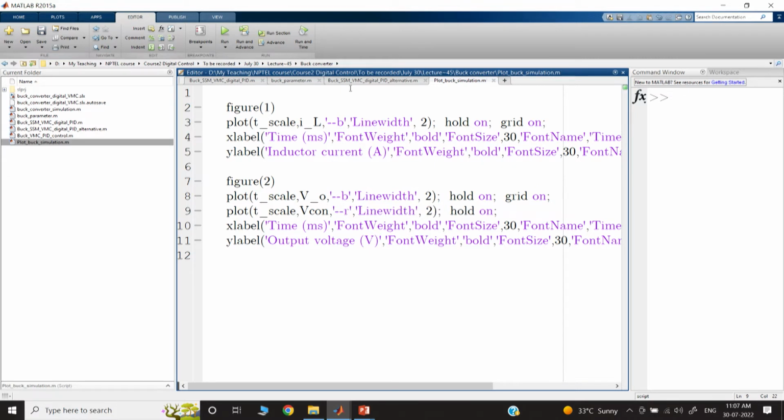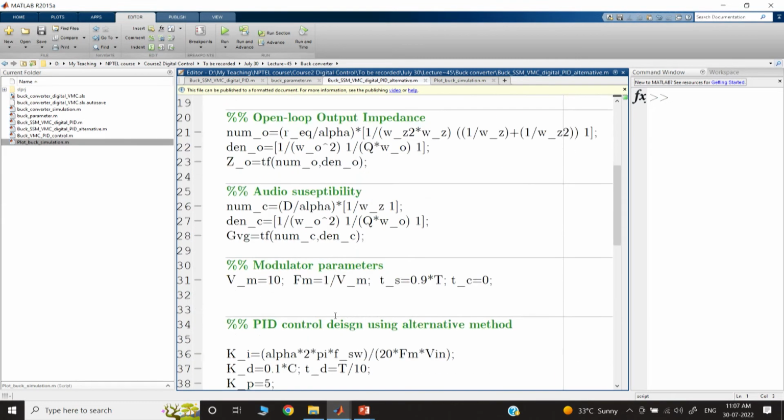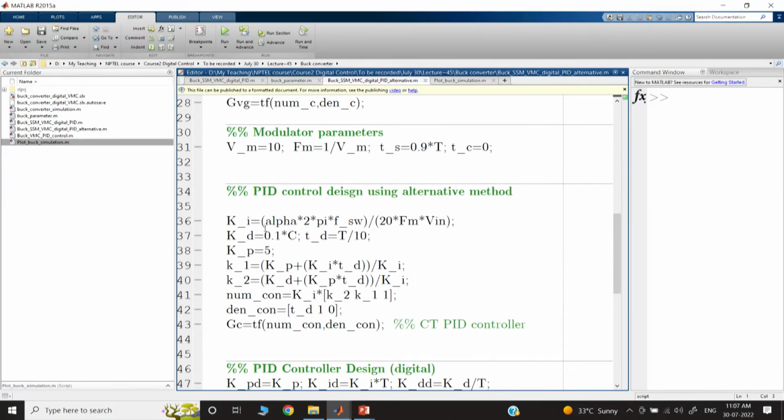So, in the alternative method, we have considered Ki to be 20 times, that we have discussed. Kd we can take 0.2, no issue, and Kp we have selected, and we will see what my crossover frequency is. Let us first run it.